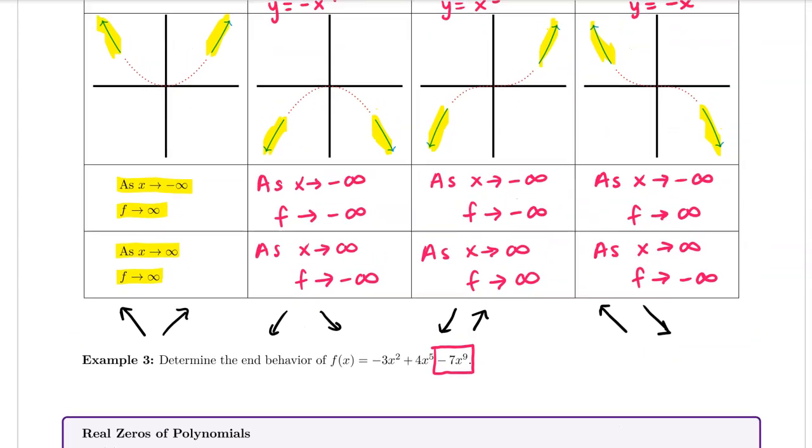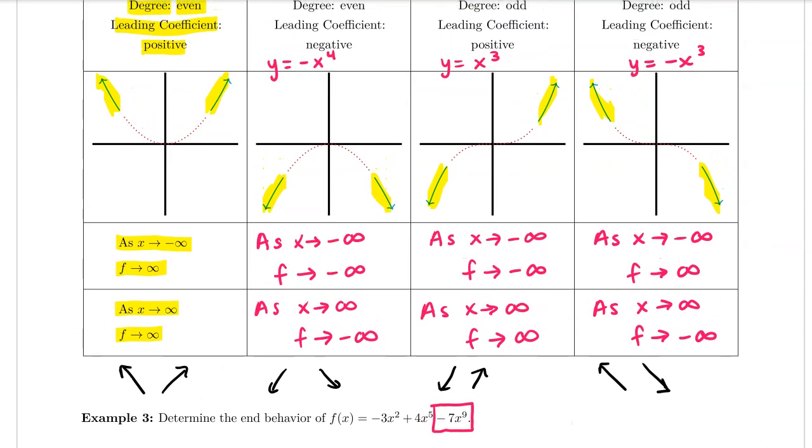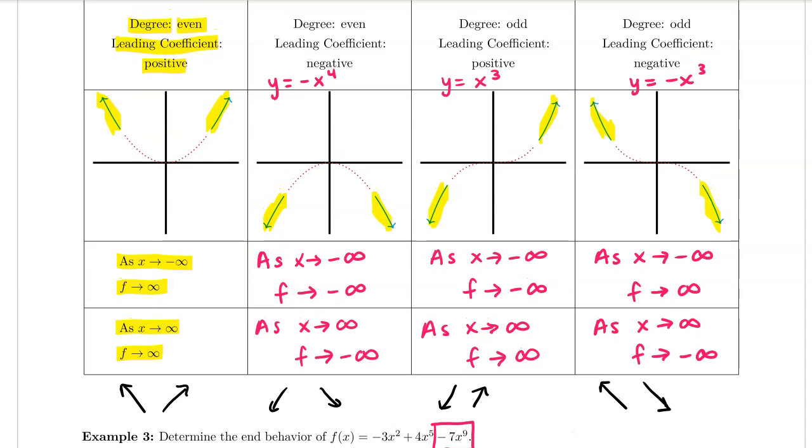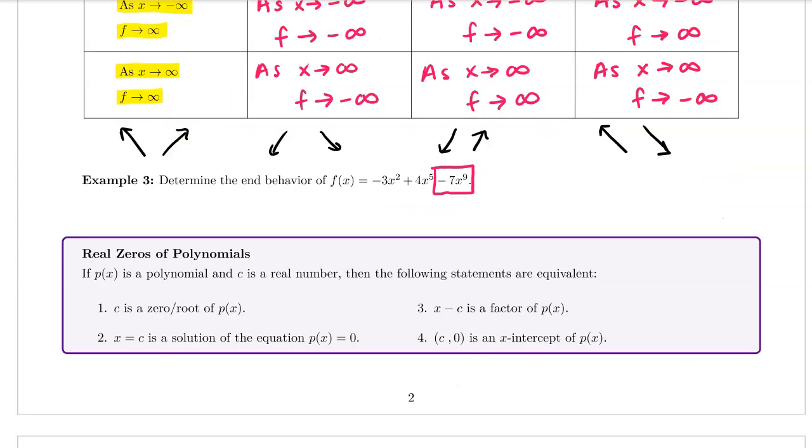So going back up to our table, we have this case where our degree is odd and our leading coefficient is negative. So that's going to mean our end behavior for this polynomial is going to be up, down.